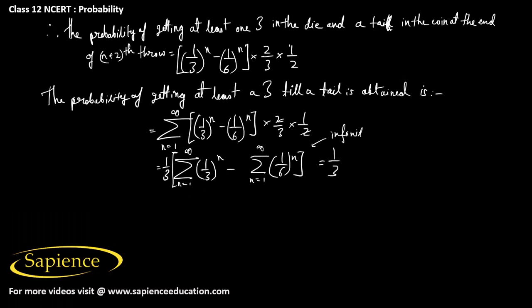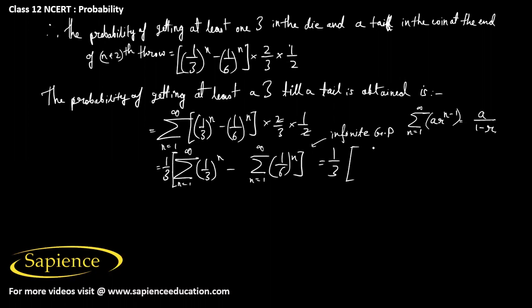For an infinite GP, as we know, the summation of a r power n minus 1, where n goes from 1 to infinity, is given as a by 1 minus r. Here also we can apply this.